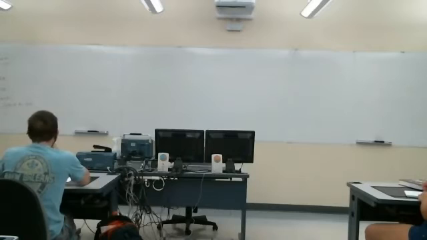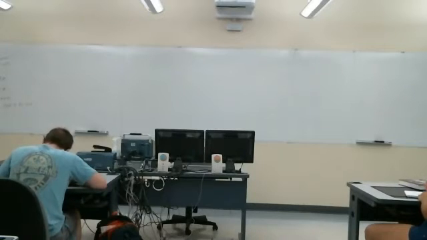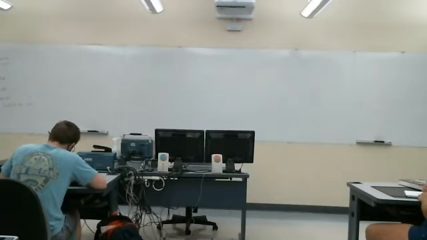I don't know if we talked about the causality of the system. I know we talked about the causality of a function, but a system is causal if its impulse response is 0 for t less than 0. Kind of what that means is we've got this system, we feed it delta t, we get out h of t, right?